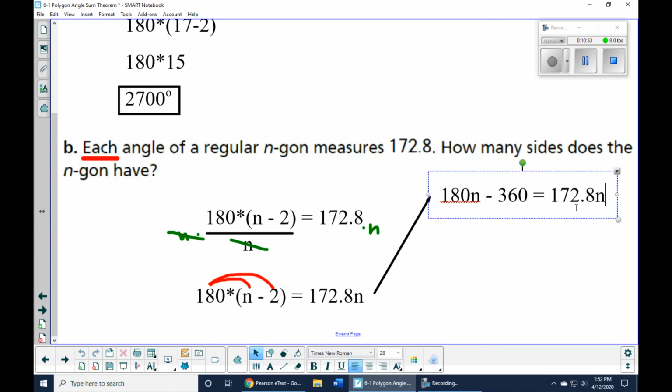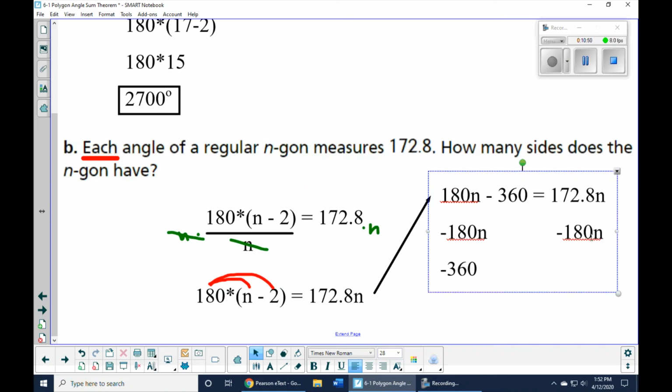So what we're going to do next is we want all the n's on the same side. So this 180n has got to go. We're going to subtract 180n from both sides. That's going to leave us with negative 360 equals negative, and this one's a little tough, so grab your calculator, negative 7.2n.